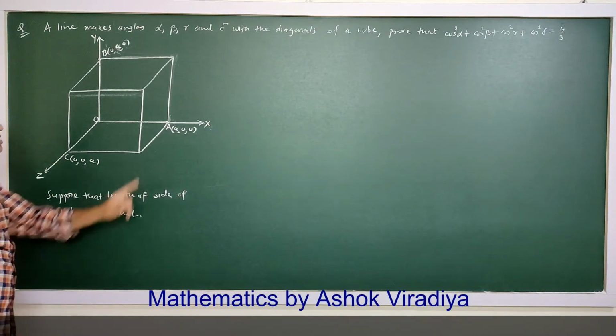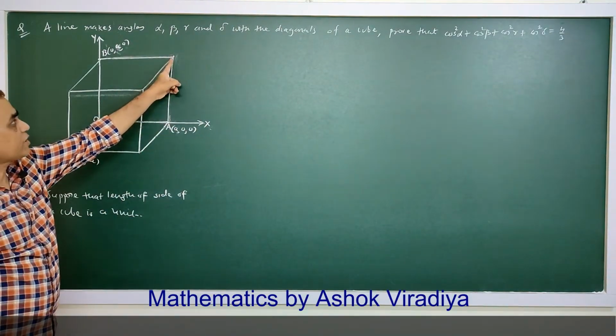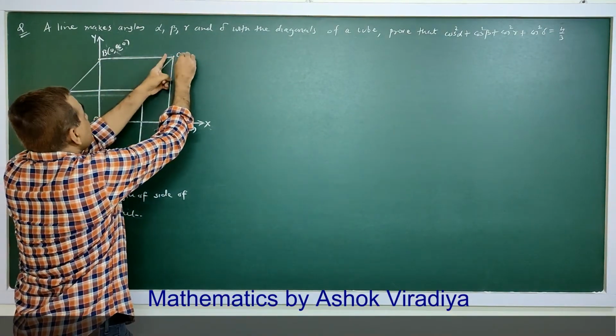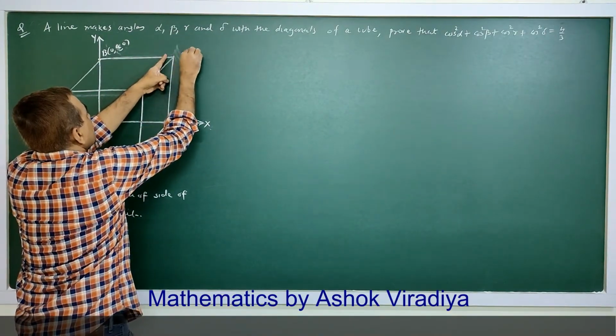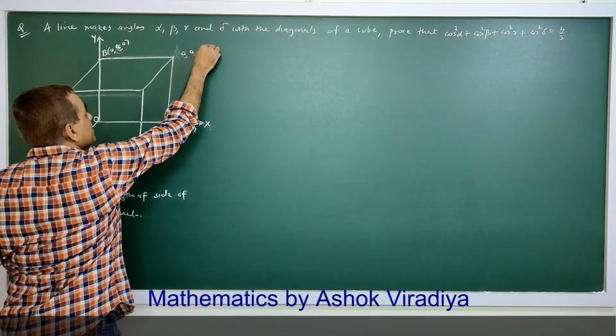Now see, this point is on the xy plane. Its x coordinate is a. Its y coordinate is also a. And in the xy plane, its z coordinate is 0.